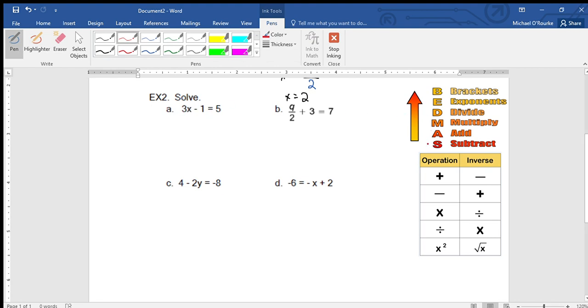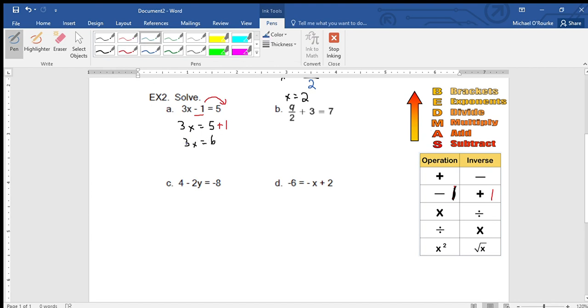So we have a subtraction, since we're working backwards, so we're going to take care of this first. We have a minus 1 there, so it should turn into a plus 1. Okay, so we end up with 3x equals 5 plus 1. So that's what we've moved over, which leaves us 3x equals 6.